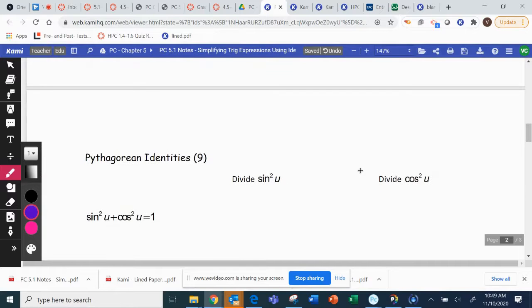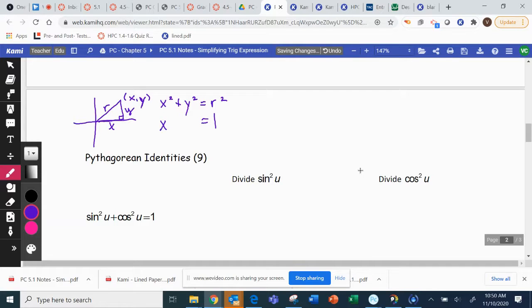And this comes from when we were in the unit circle and we had a triangle and we had the ordered pair xy right here. Then we said x squared plus y squared equals the radius squared to get that r right here. But if the r was 1, it was the unit circle.